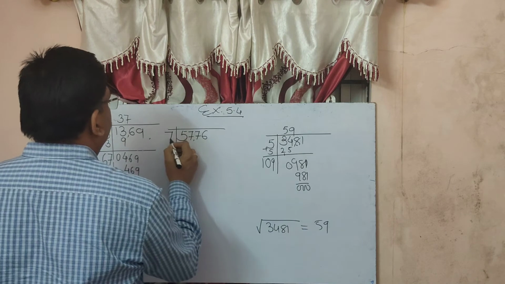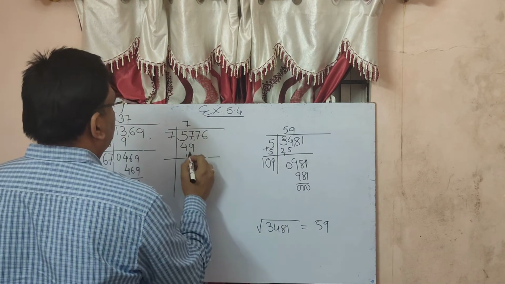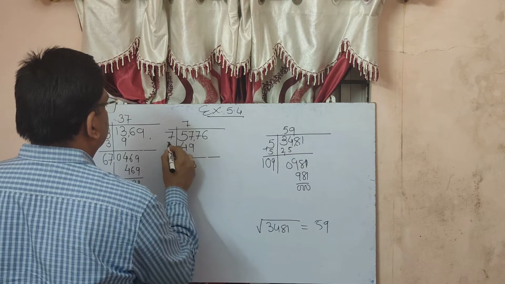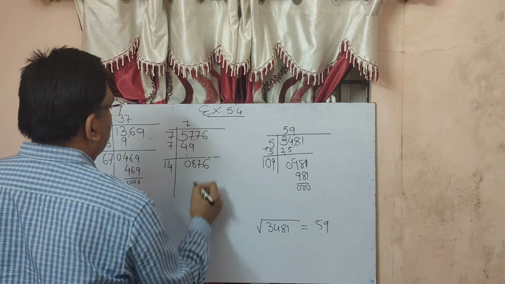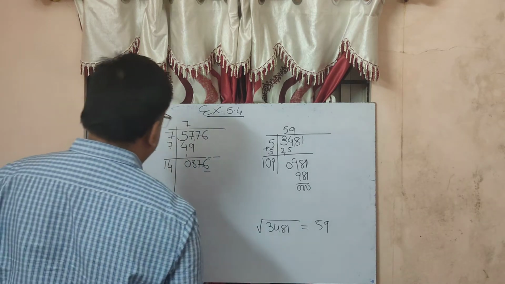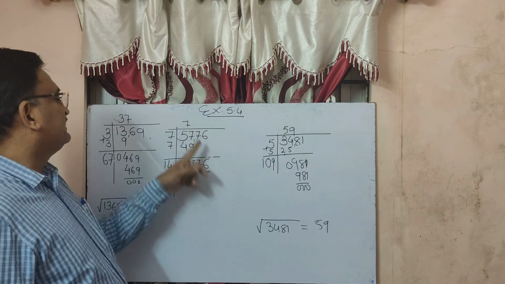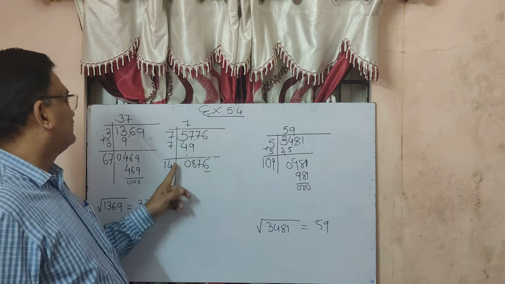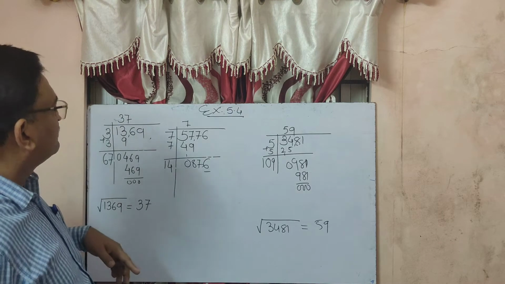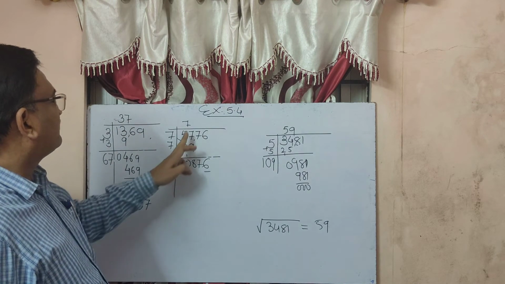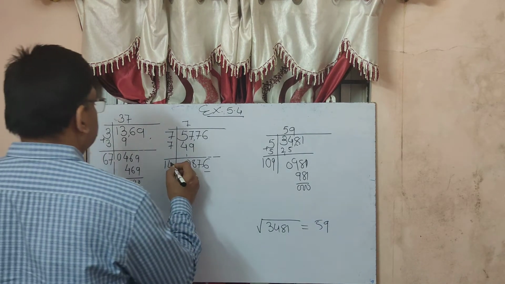So 7 7s are 49, and 8 remains. So 7 here, 7 plus 7 is 14. Take this 76 down. The last number is 6. So what do you write here? Check it. You can write 4 4s are 16 or 6 6s are 36. And if you want to get 6, what can you write? 146 6s are.